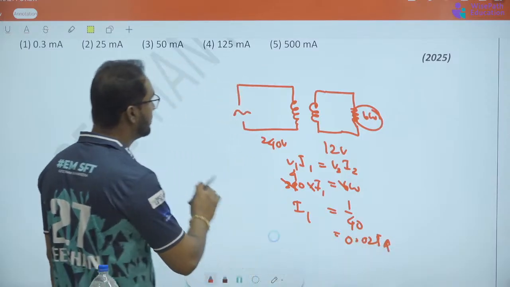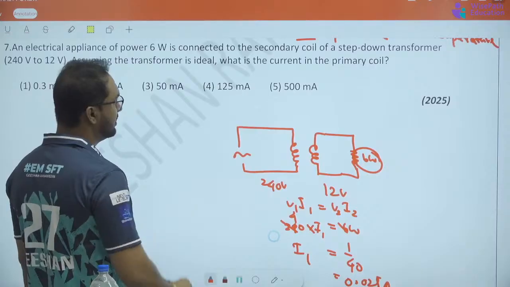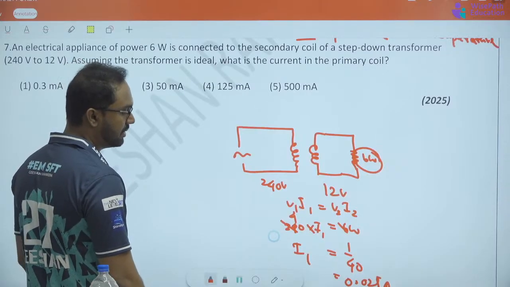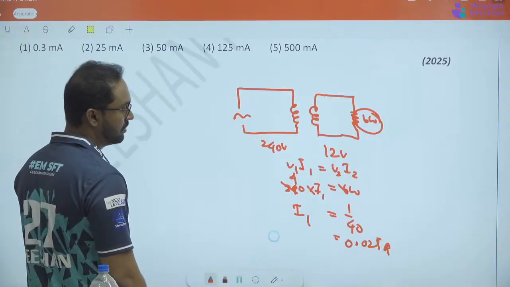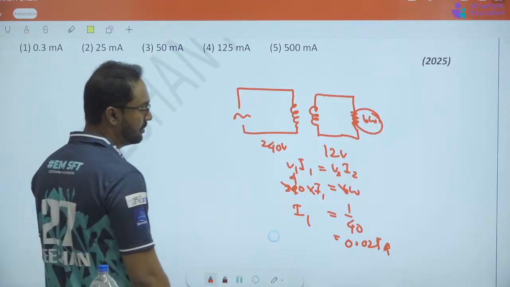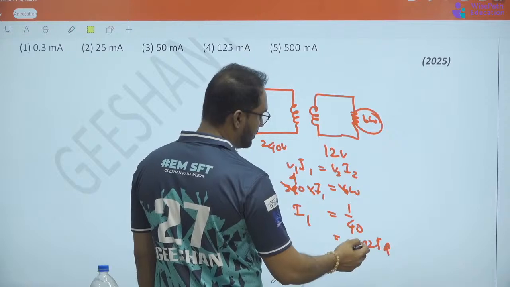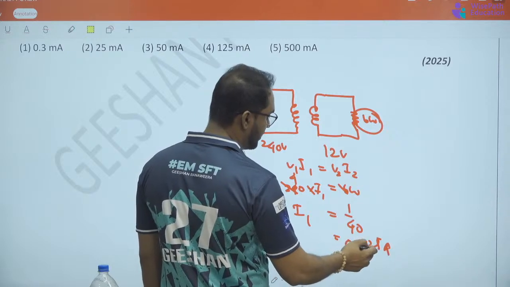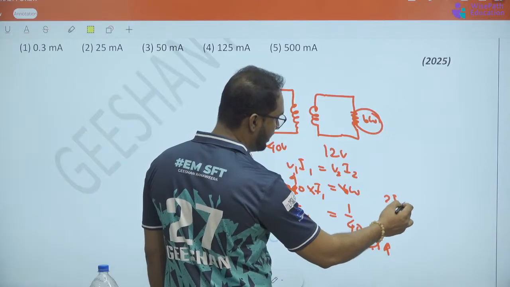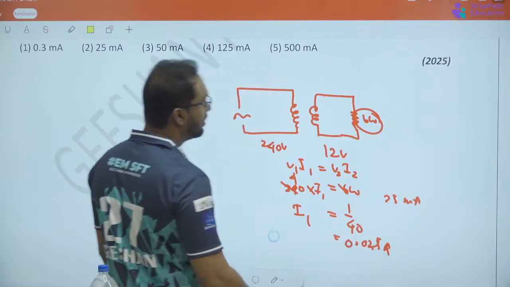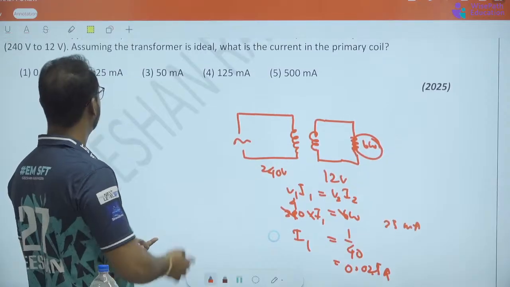It's a small current, so you multiply by 1000 to convert this into milliamperes. 25 milliamperes. That's 25 milliamperes.